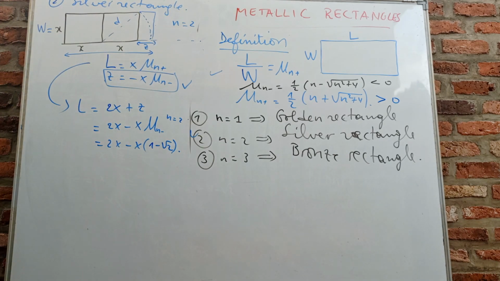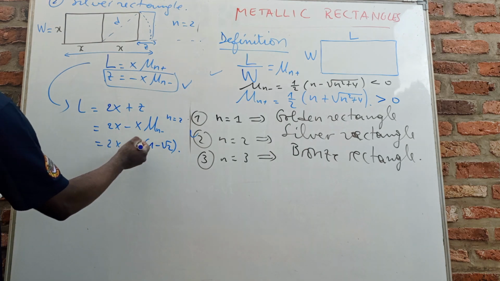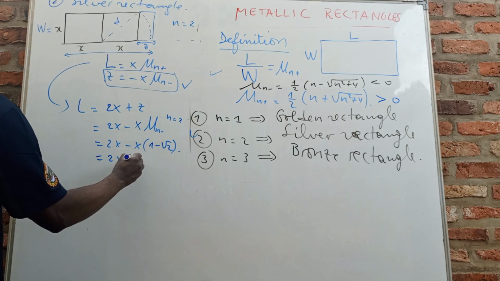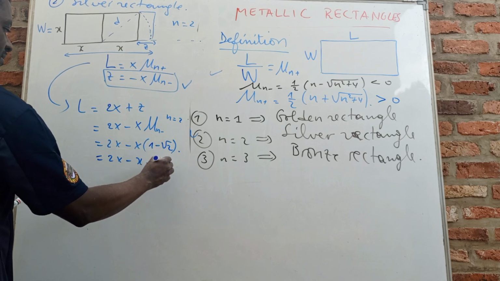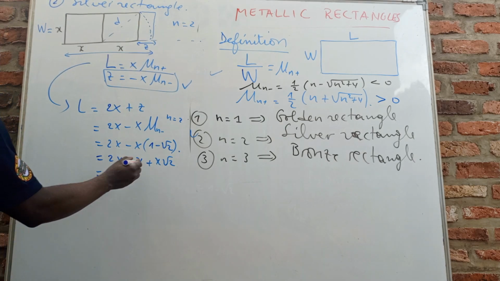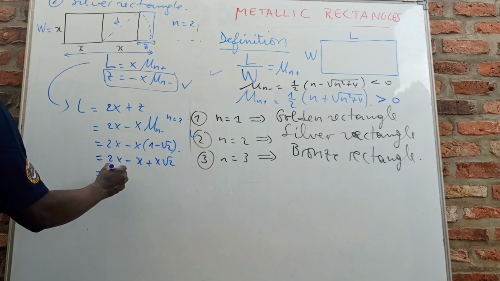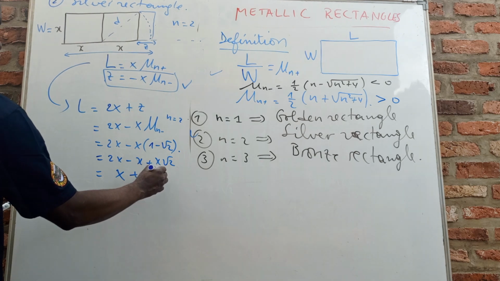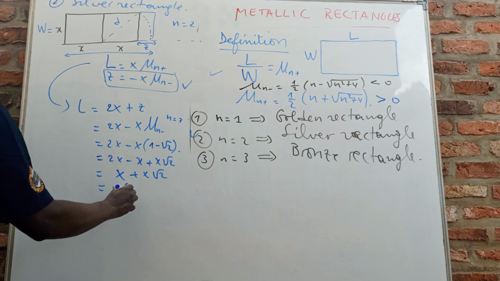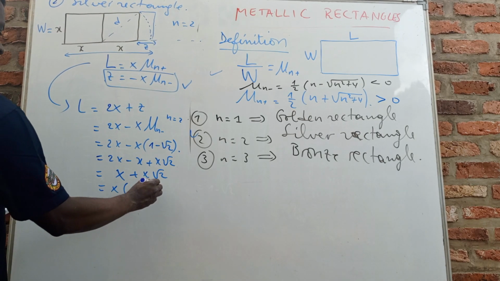Now, if I distribute, 2x minus x plus x square root 2, what I get is 2x minus 1x is x, plus x square root 2. So I factor out x, 1 plus square root 2.